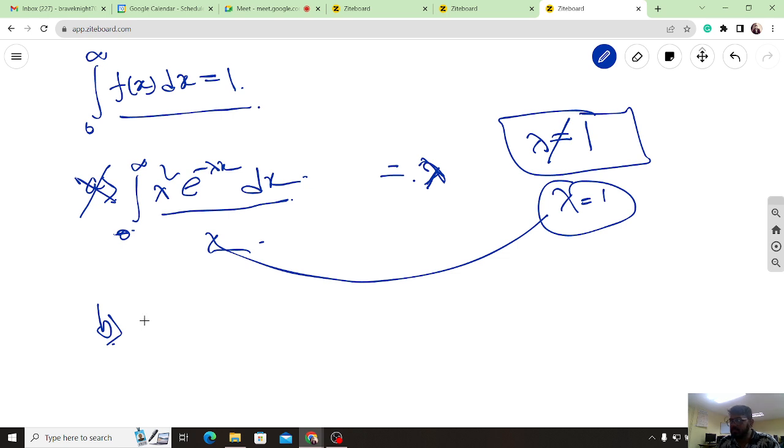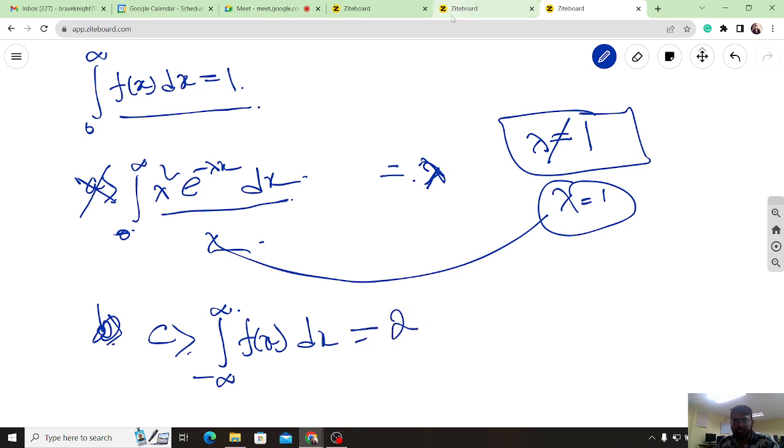Option C, let us check for option C. The integral of f of x dx is equal to 2. Just check it.